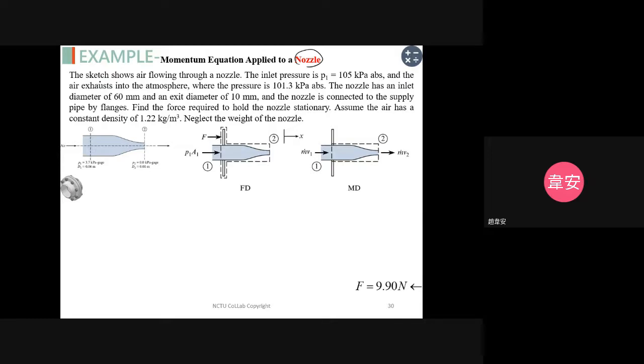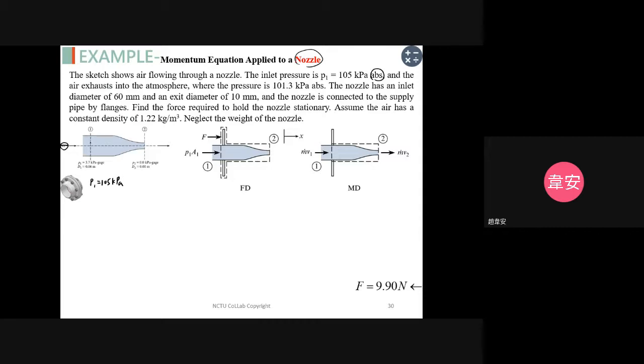Okay, the figure shows airflow inside the nozzle pipe, and we know the inlet pressure P1 is equal to 105 kilopascal, but take a look, this is absolute. We know that the atmosphere pressure is 101.3 kilopascal absolute.